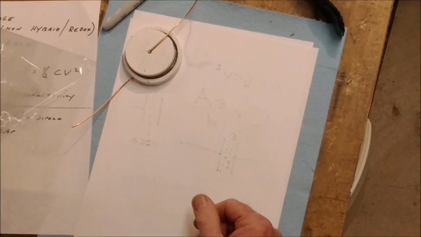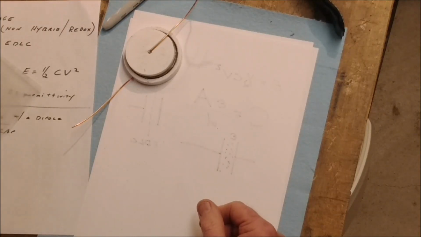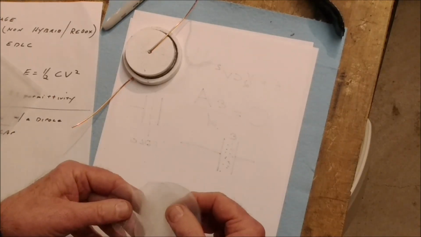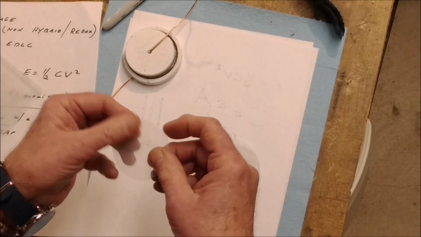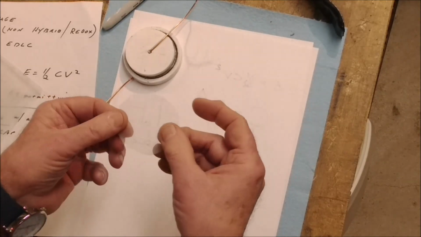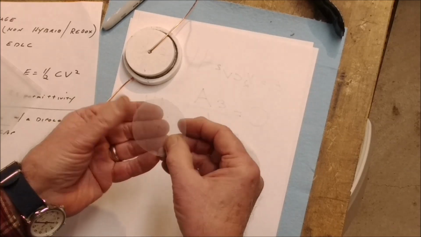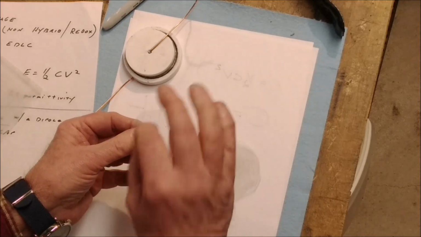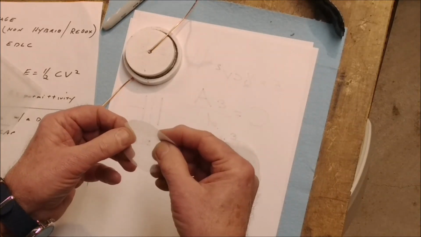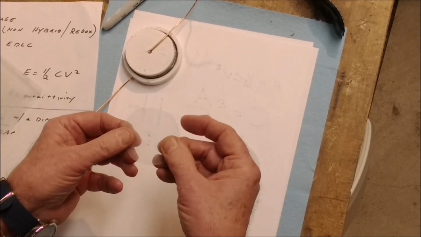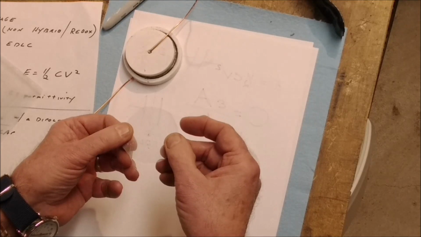Well, what we ended up with after a few dozen more tests was migrating to a fabric. This is a very, very, very fine fabric. I'm sure you can't see the weave on the video here. And I don't really have a way to microscopically show it, but think of it as a very sheer material with a very, very fine weave.